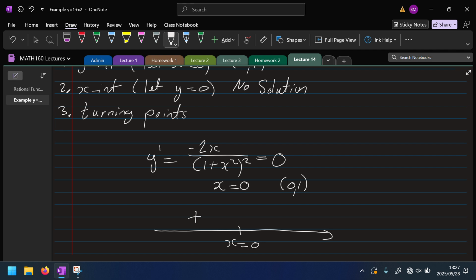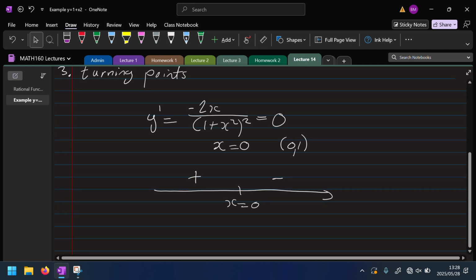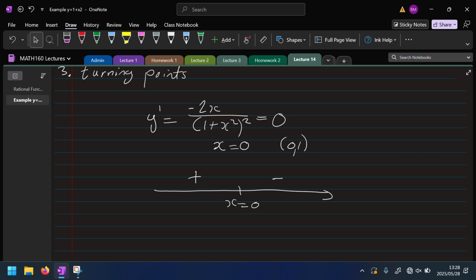Then if x is positive, we've got the minus in front of it, so that makes it negative. So there's a minus. So before x equals 0, the gradient is a positive number, so that means it's increasing. Then at x equals 0, we have the turning point. After x equals 0, the gradient is negative, so it's decreasing.